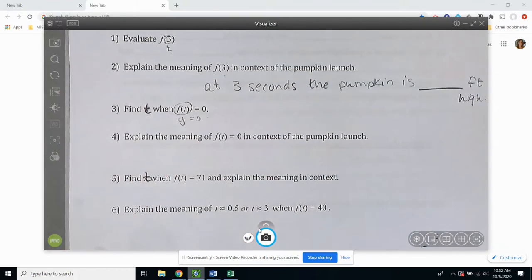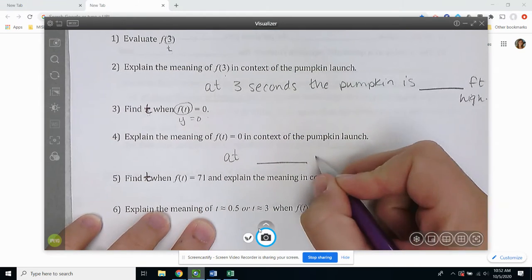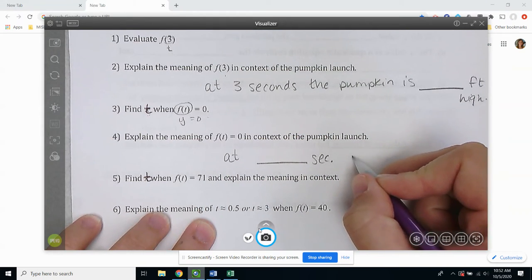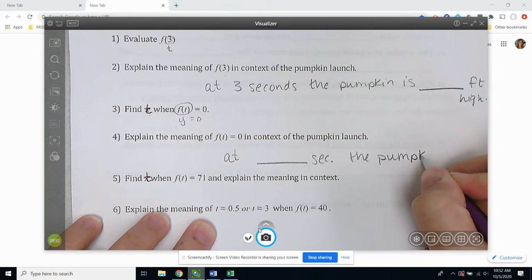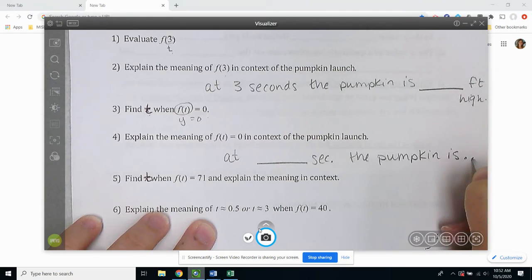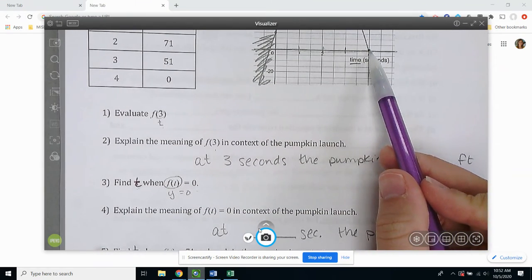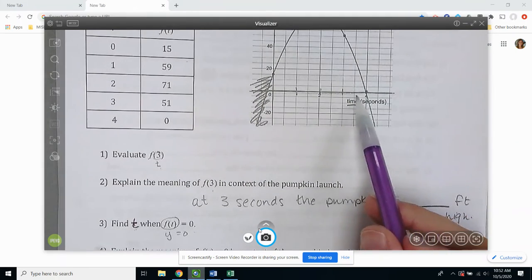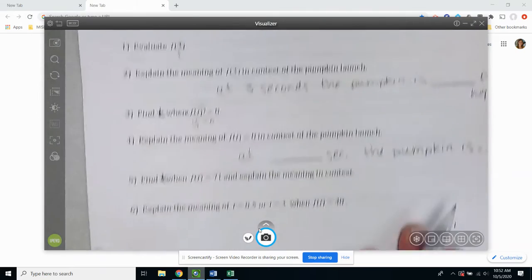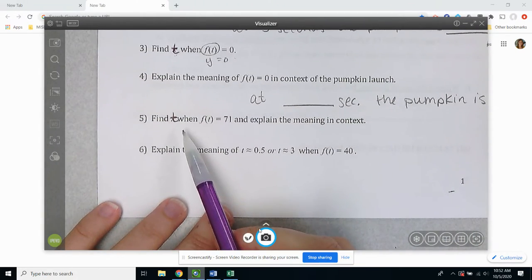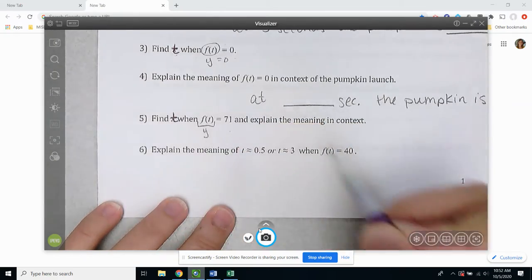So I'm going to have you fill in the blanks again. So at blank seconds, the pumpkin is how high? Is blank. And if you notice, it's on the ground. So after blank seconds, your pumpkin is on the ground. The next one says find t when f of t is 71. So this is just your y value.